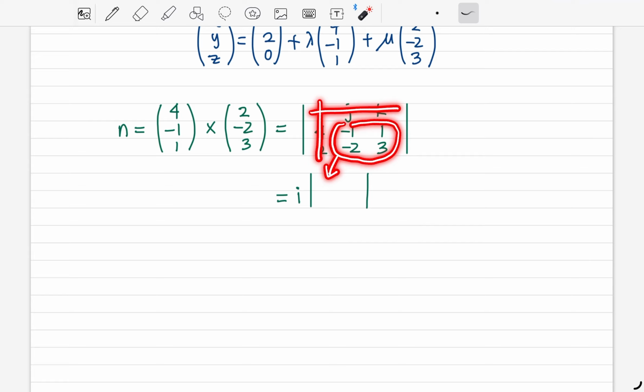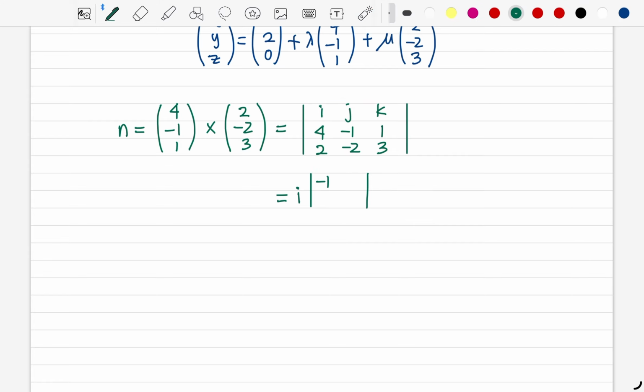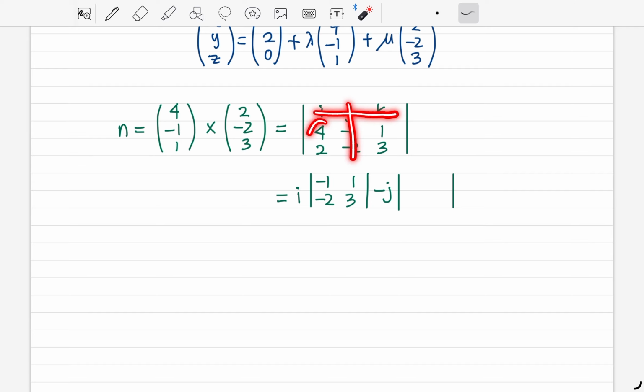You have to put it into here. Followed by -j, the determinant of the matrix by deleting row 1 and column 2. So 4, 2 and 1, 3 must be the determinant of the 2 by 2 matrix here.